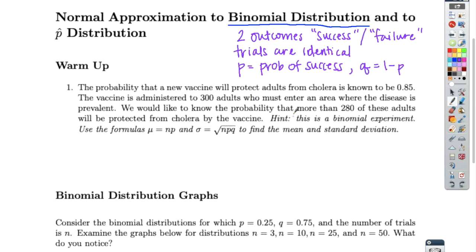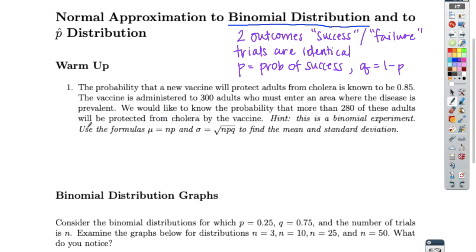So the hint says this is a binomial experiment, and we're going to use those formulas for the mean and the standard deviation of a binomial experiment to find the mean and standard deviation for this particular example. And really, that's all it's asking us to do for this particular problem.